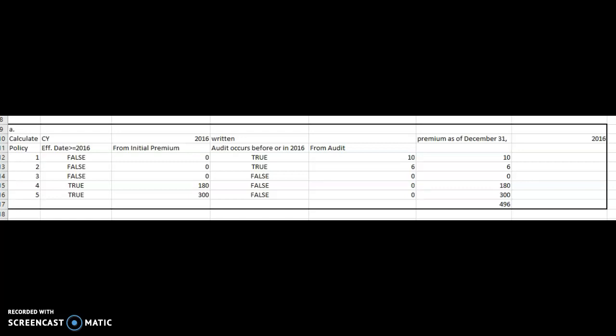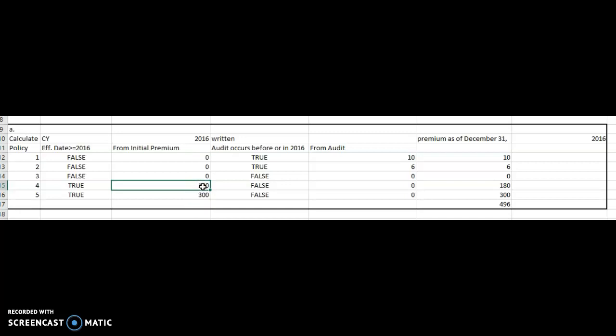We want to calculate the calendar year 2016 return premium as of December 31, 2016. Because it is return premium, we only care about the premium returned in 2016, which is policy number 4 and policy number 5.